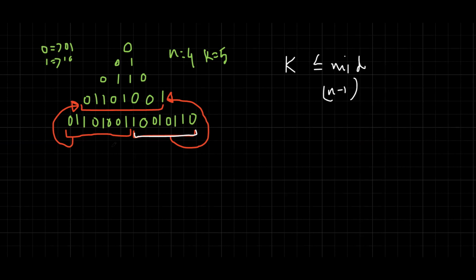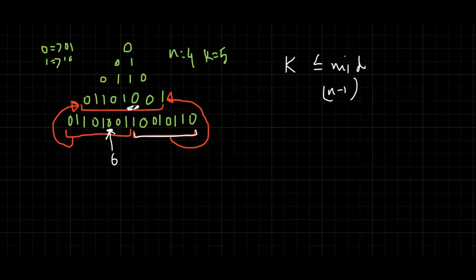Suppose the value of k is 6. It is pointing to this element 0. 6 is obviously less than or equal to the mid. So for this array, the sixth element 0 is exactly equal to the previous array's sixth element, which is this. So this is the first condition.